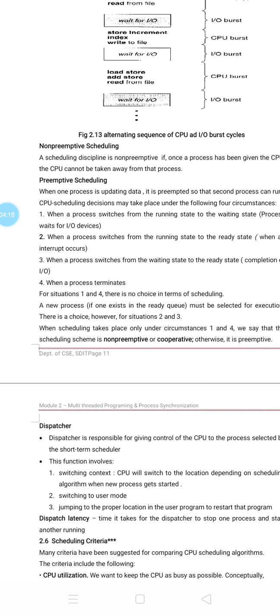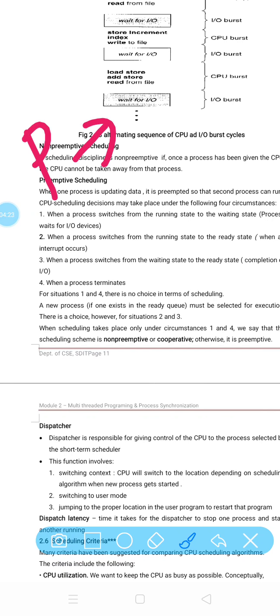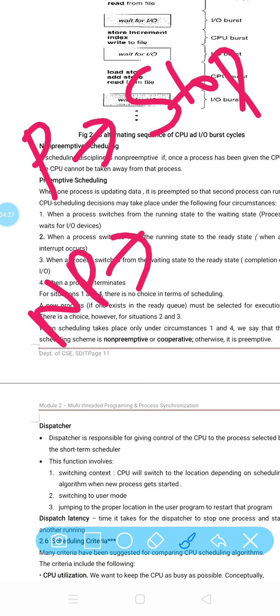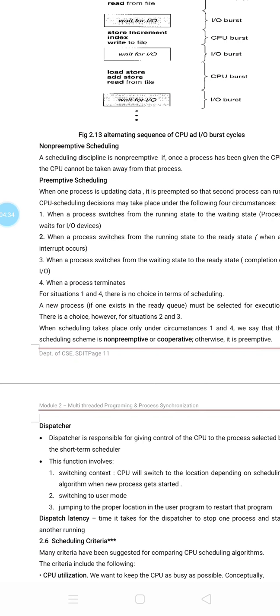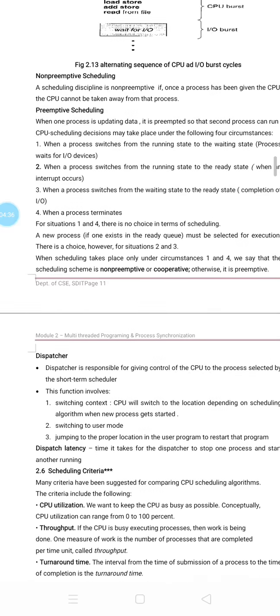That is called preemptive. In simple words, preemptive means you can stop, whereas non-preemptive means you cannot stop. The process on its own should give away the control of CPU, that is non-preemptive.